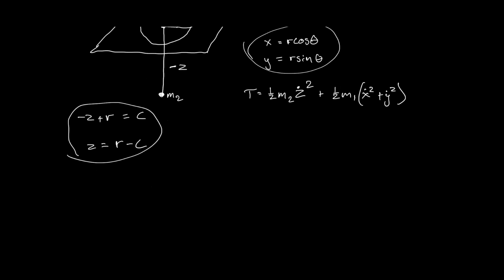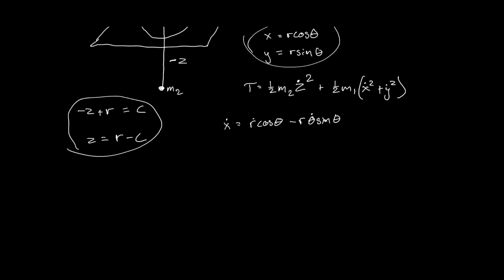Okay, and this is the potential energy and kinetic energy in polar coordinates are known, but we'll just go ahead and sort of derive them here, so it's not too bad. x dot, we have chain rule, is r dot cosine theta minus r theta dot sine theta. It's just the product rule, and then y dot is going to be r dot sine theta plus r theta dot cosine theta.